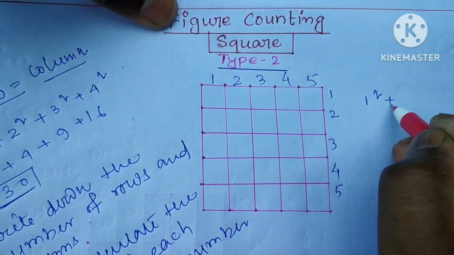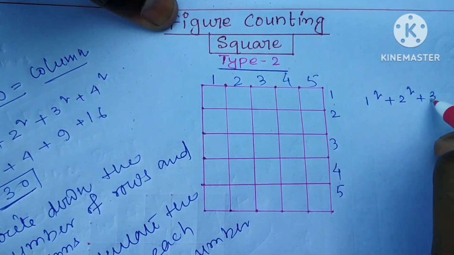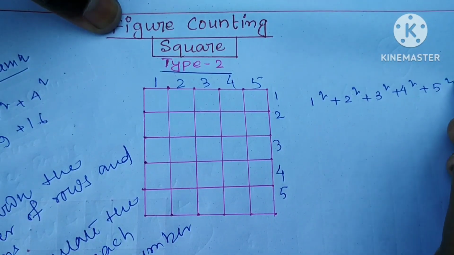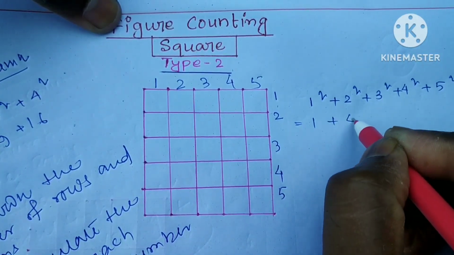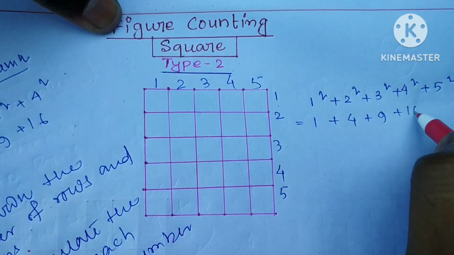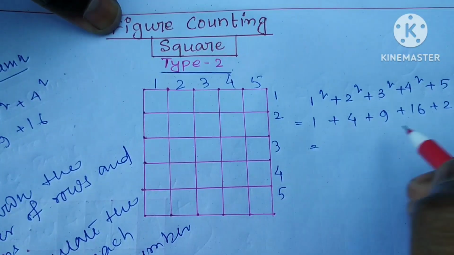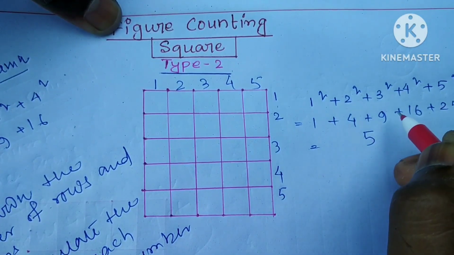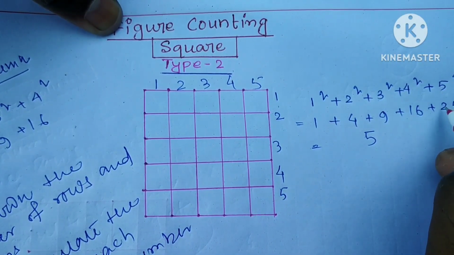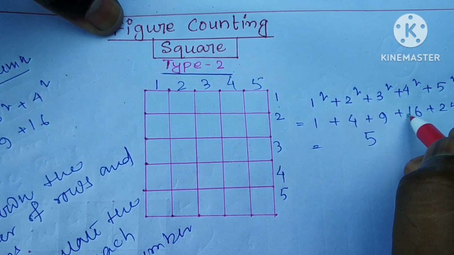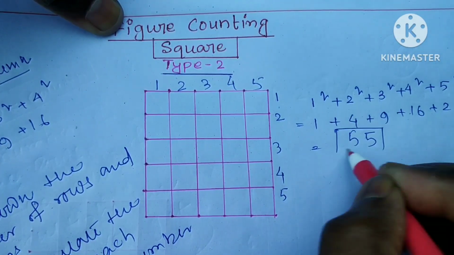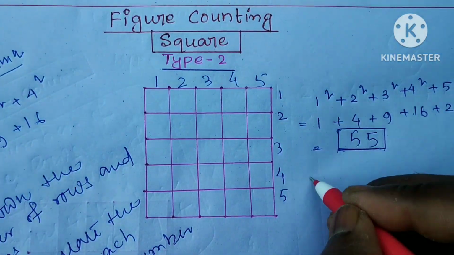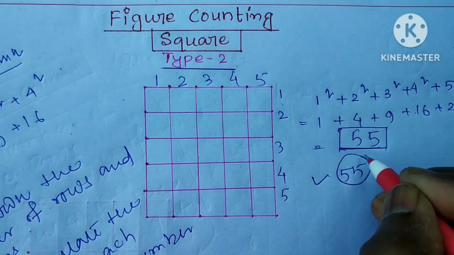So 1, 2, 3, 4 and 5: 1, 4, 9, 16, 25. The total number of squares in that figure is 55.